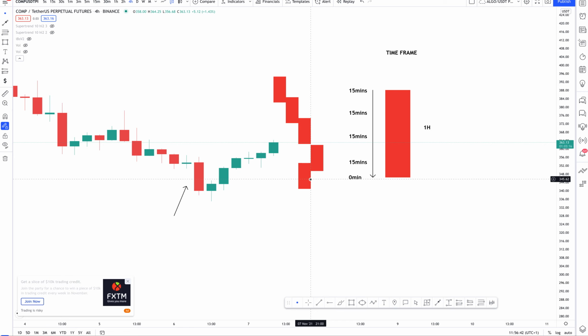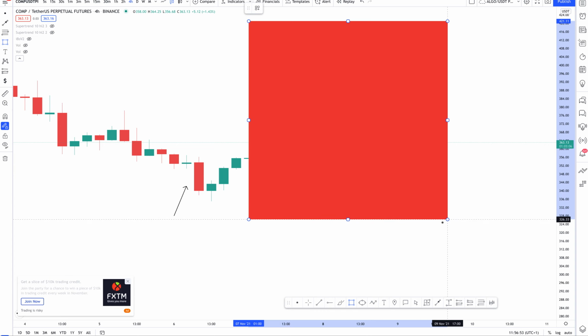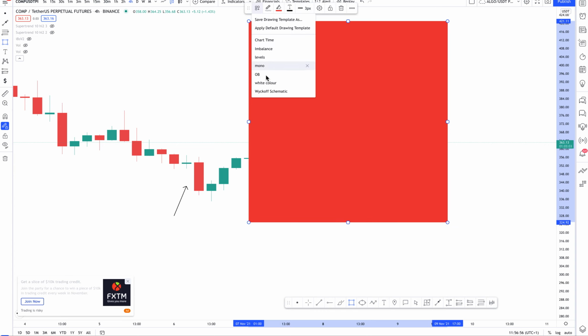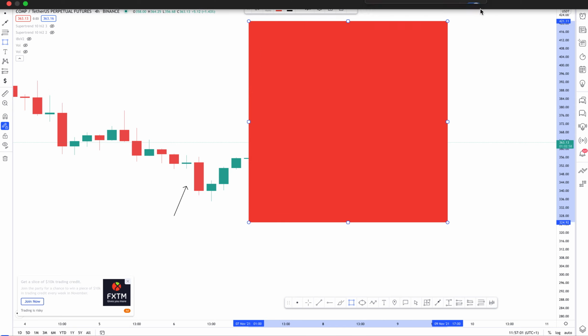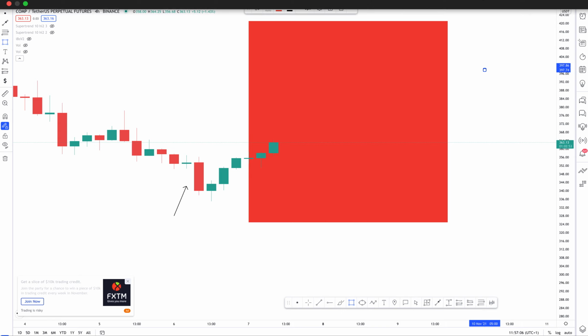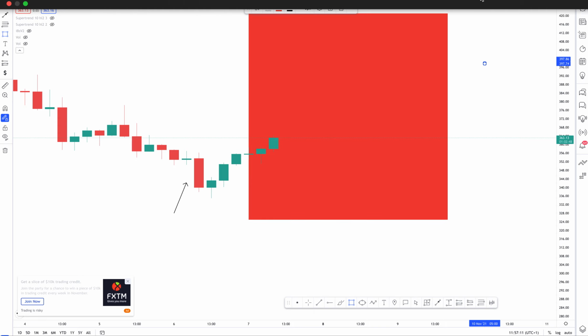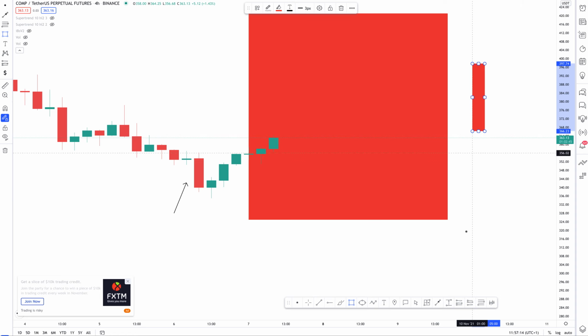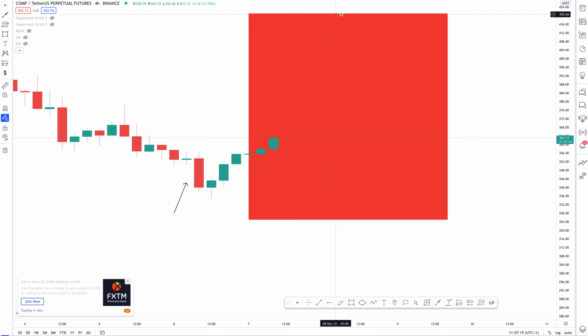So we already have 4 there. What I was trying to get us to understand here is that each candle represents a move, and that move is based on the time frame that you're using.